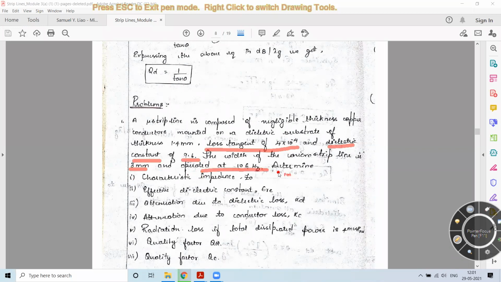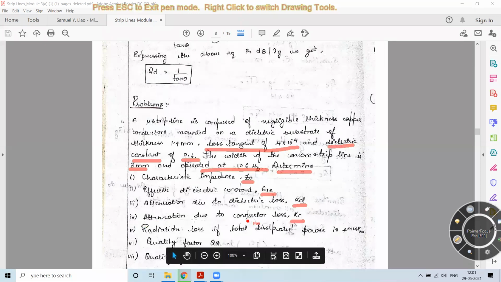10 gigahertz. So we need to determine a few of the parameters, that is characteristic impedance, effective relative dielectric constant, then the loss due to the dielectric, loss due to the conductor, that is the attenuation factors for both the cases. Then we need to look out for radiation loss if the dissipated power is 4 milliwatt.